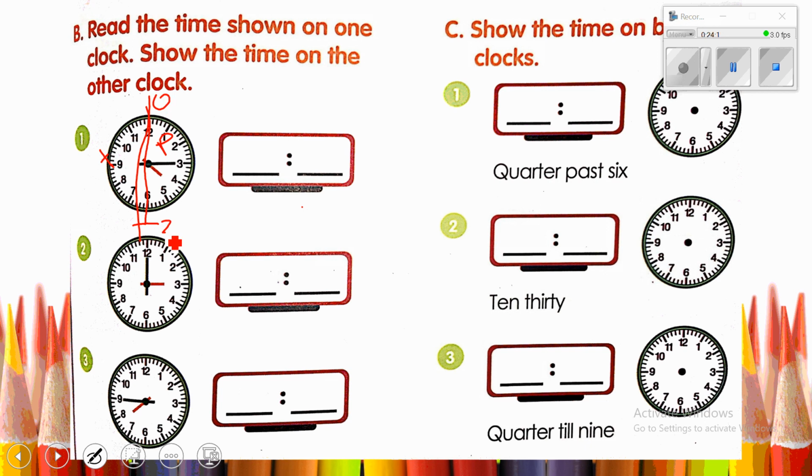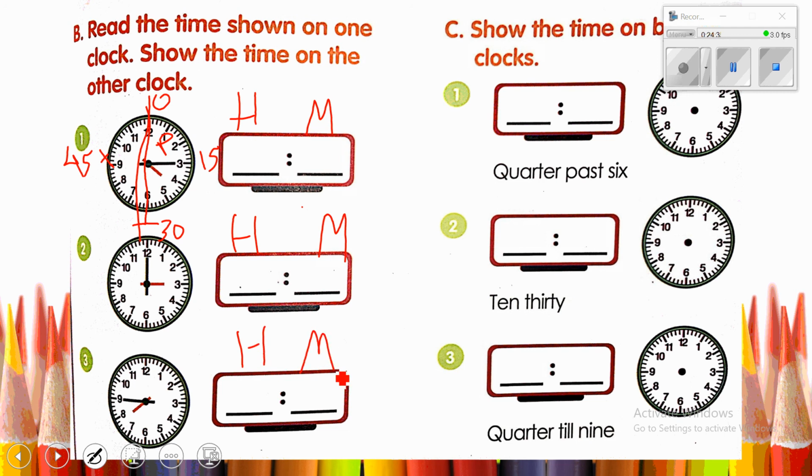And here is 30. Here is 15. Here is 45. So here I'm writing the third level, that is 15 and 45. Now it's a check, and I write here hour and minute.